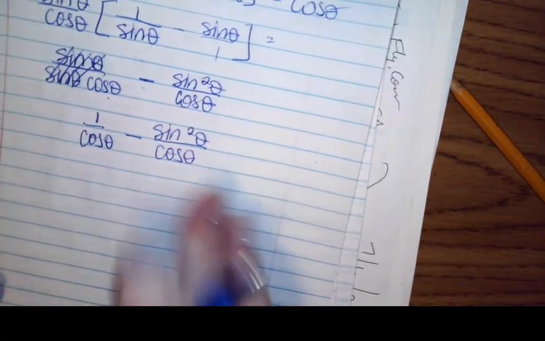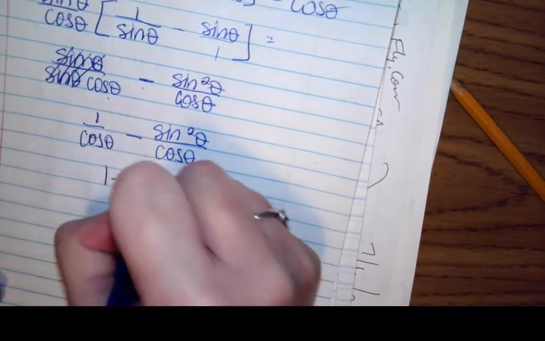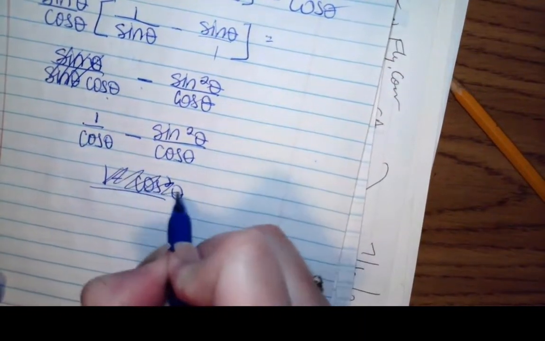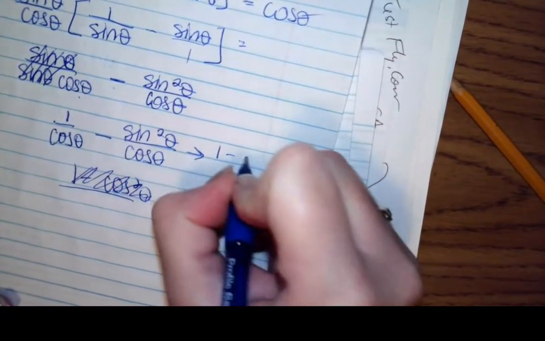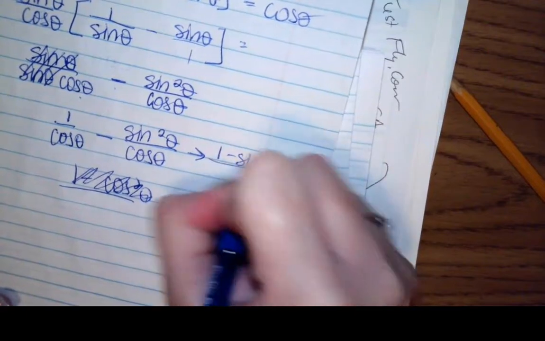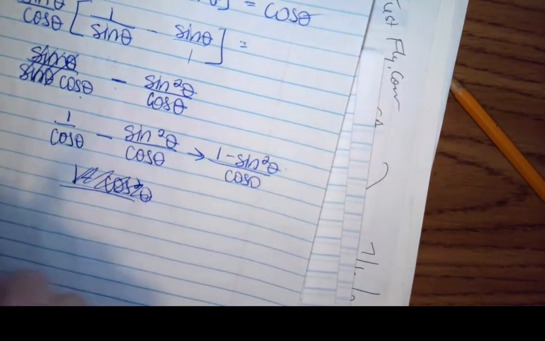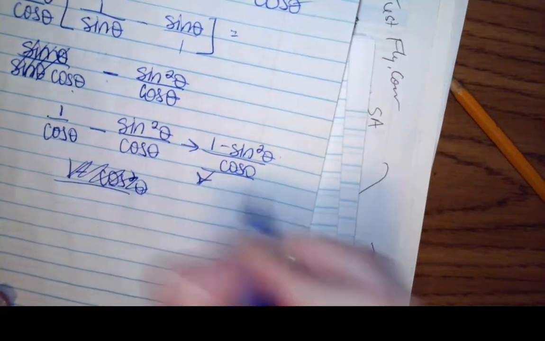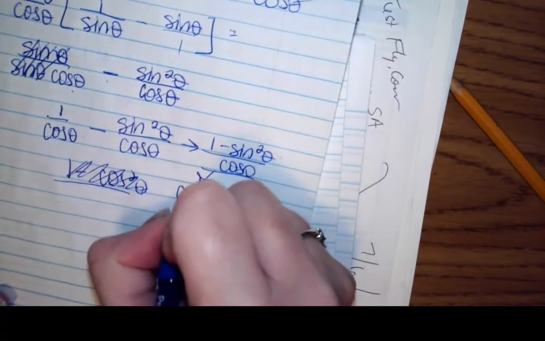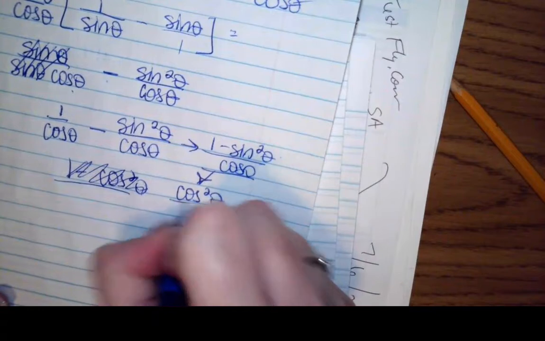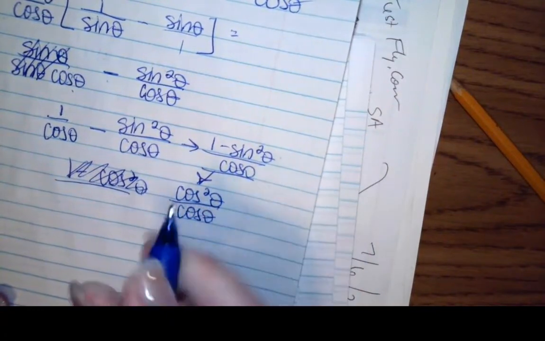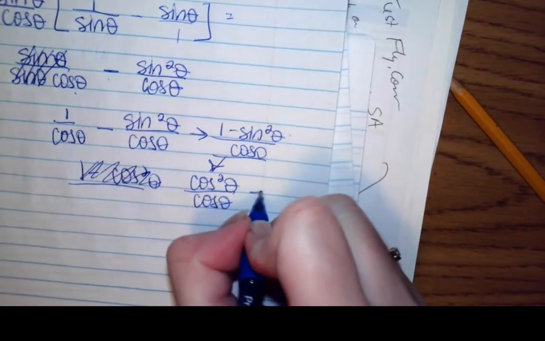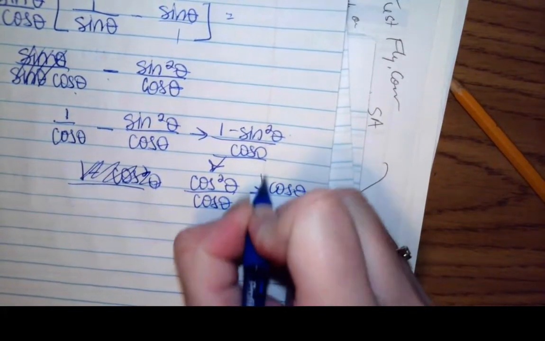Which means I've got a common denominator, so that gives me 1 minus sine squared theta over cosine theta. From here, I'm going to take that to the Pythagorean identity, which is cosine squared theta over cosine theta. Once that reduces, it gives me a cosine theta.